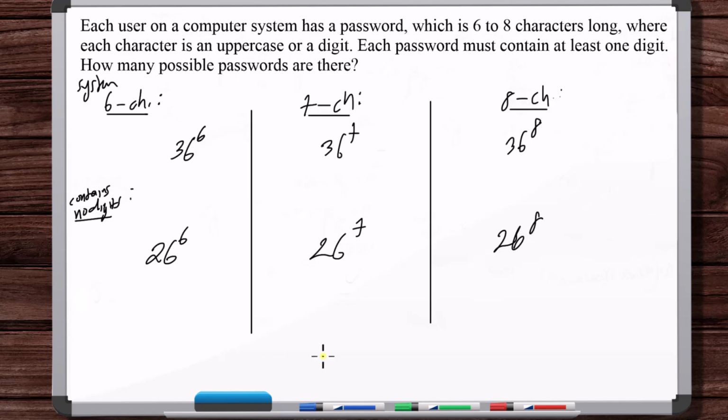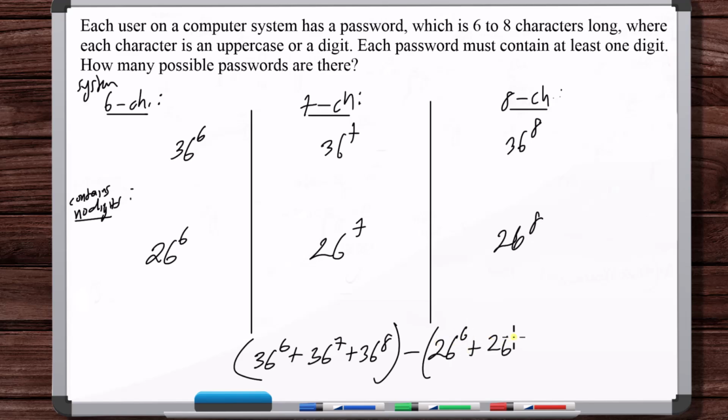So now the final count is we take the amount of outcomes in the entire system, and subtract out those 3 sets. And there we go. That's it.